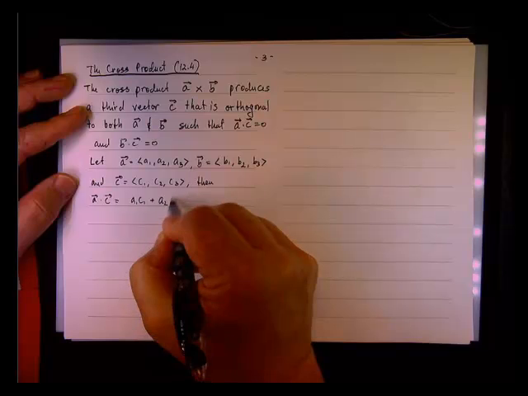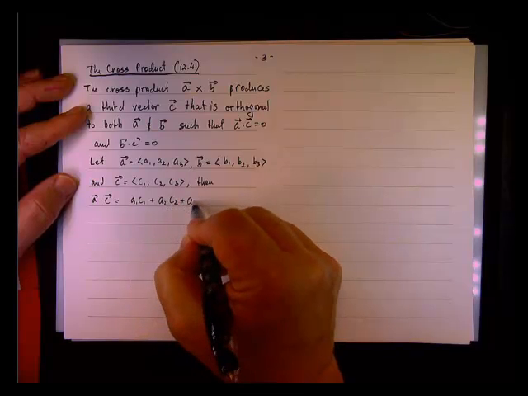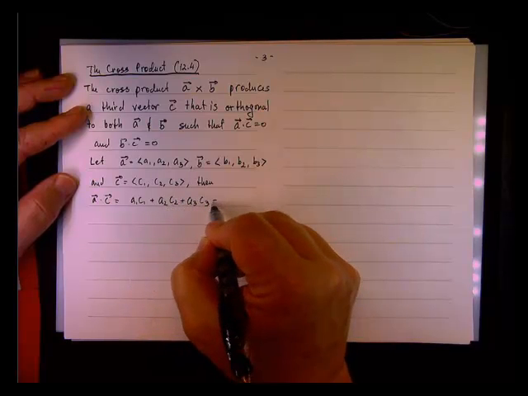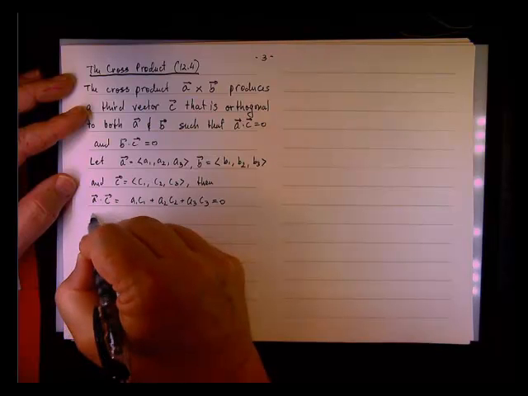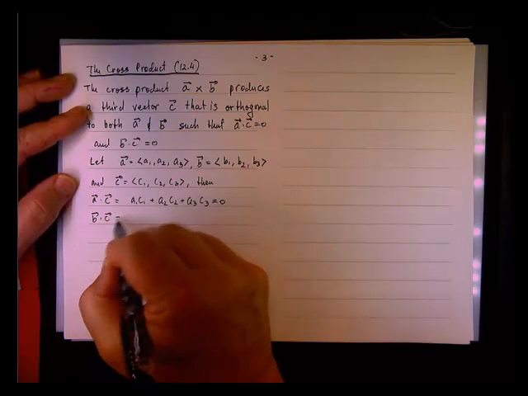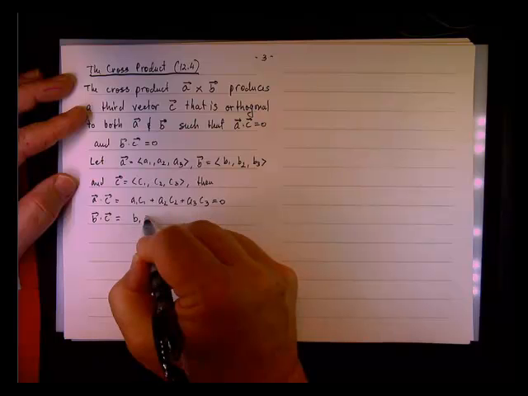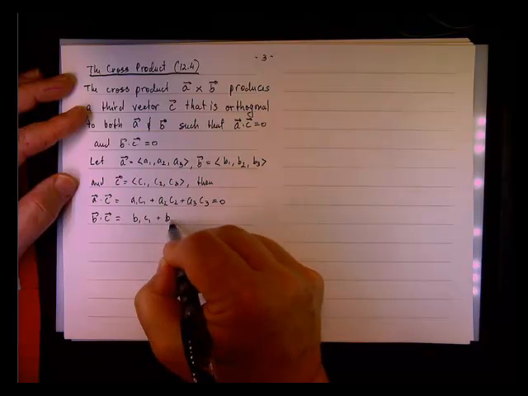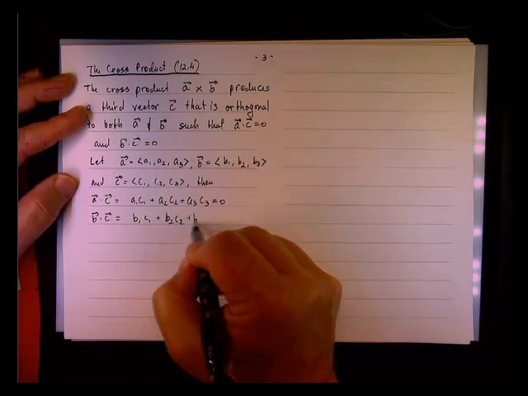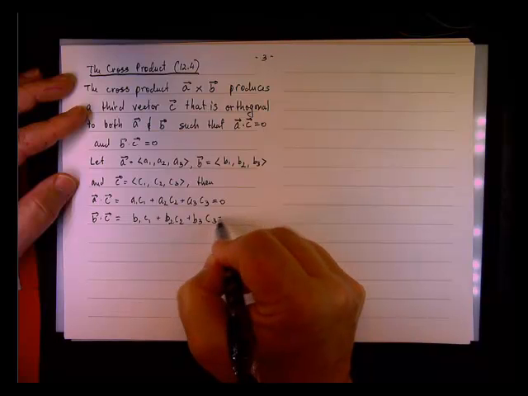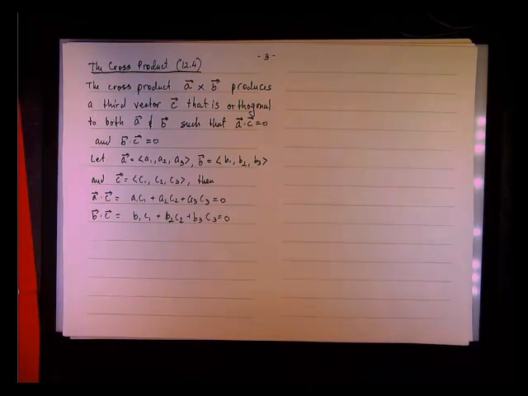The first result gives you A1 C1 plus A2 C2 plus A3 C3 equals 0, and B dot C gives you something like this: B1 C1, B2 C2, B3 C3 equals 0.